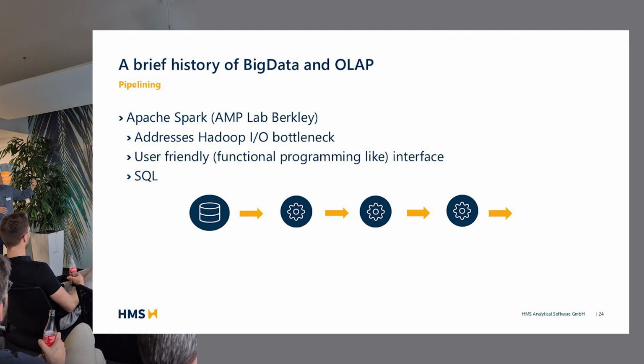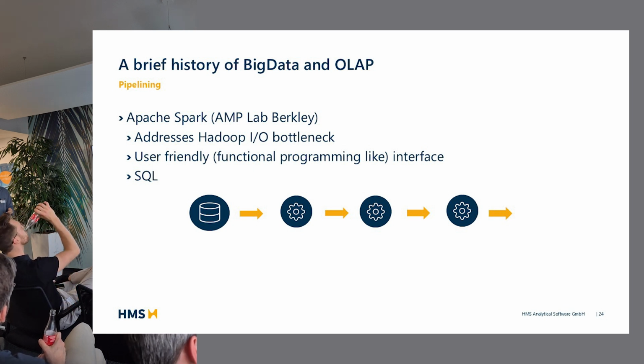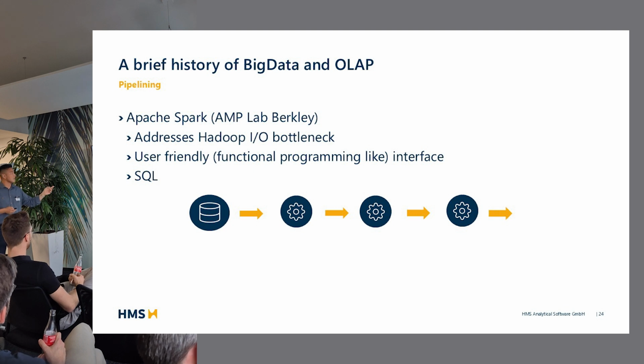Firstly, they introduced a functional-like programming interface. In 2014, they introduced SQL as a primary programming interface to work with your data. So the main idea is to process as much as possible in memory and use pipelining to reduce the number of IOs.